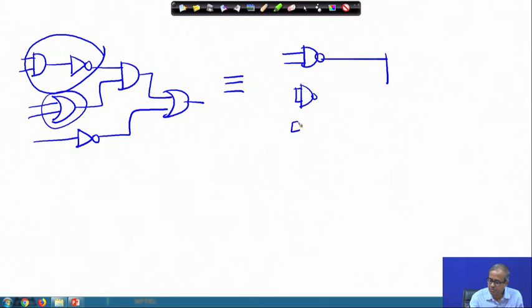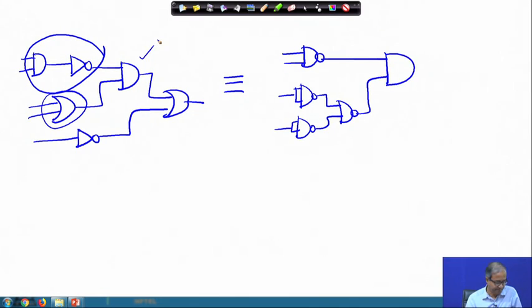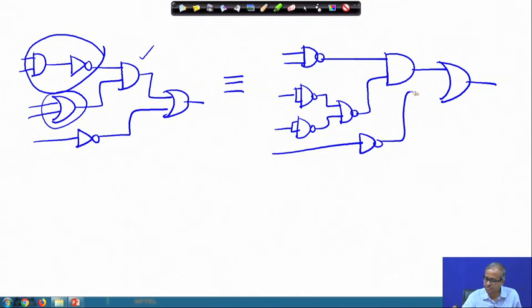You have a NOT, another NOT, you have a NAND. This is the NOR gate, and both of these will be going to the input of this AND gate. And then you have the final OR gate and the other input coming through a NOT. So, the first two parts you have taken care of, converted them to all NANDs.